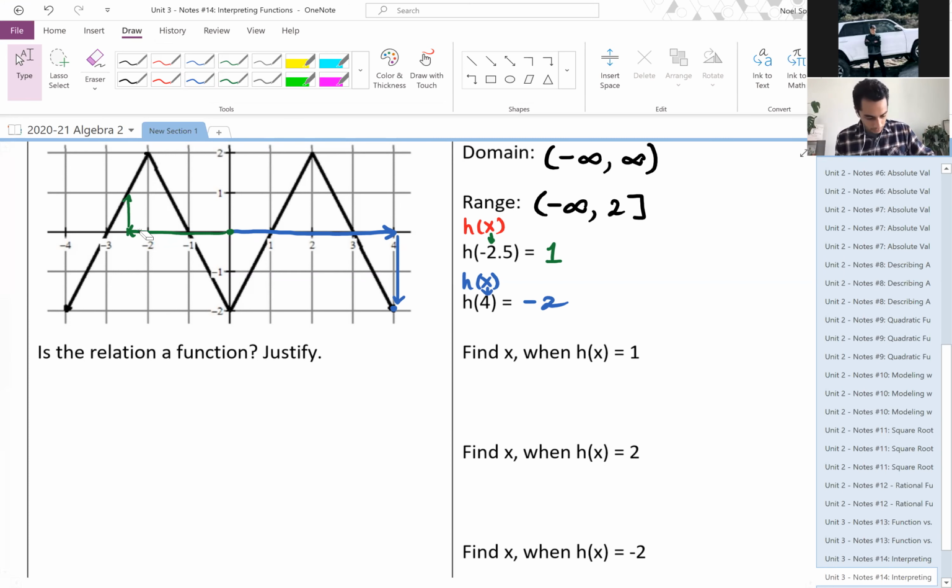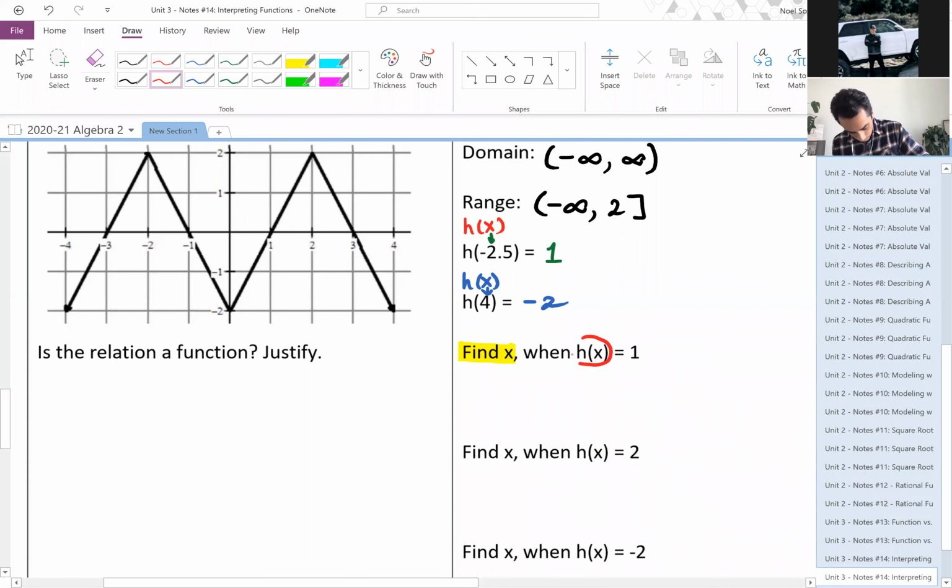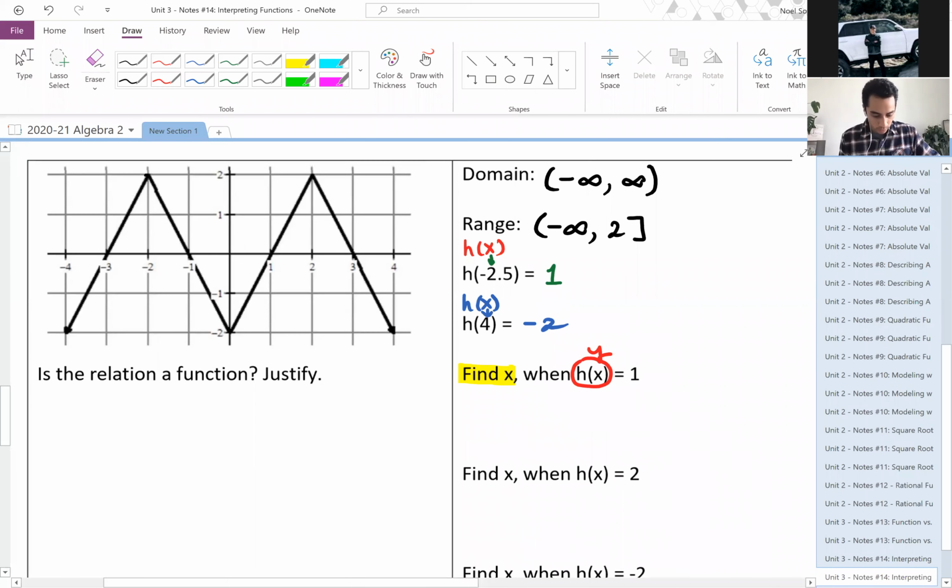Okay, so now we have a couple of find x questions. I'm going to go ahead and erase some of this. This is where I like to highlight, right? I'm going to find x when h of x, and again, you can just translate this, when y is 1. Okay, so when y is 1, draw the line right through it.